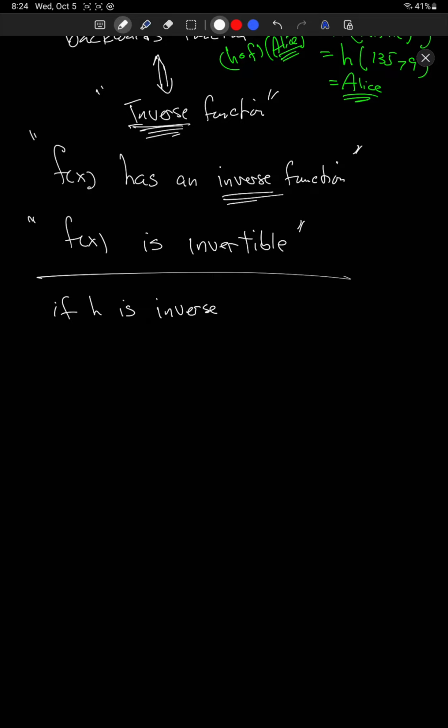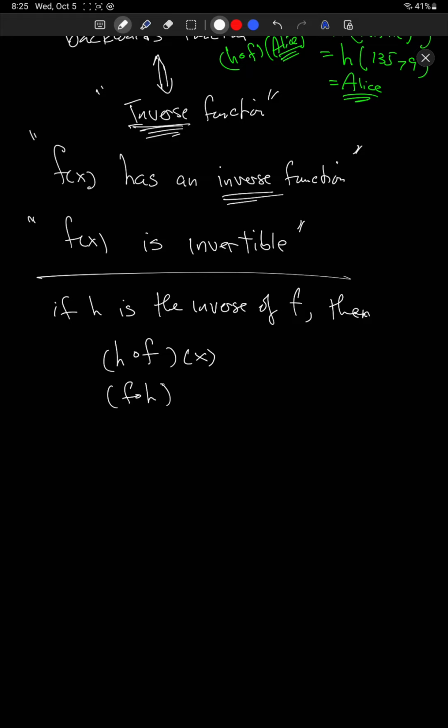If h is the inverse of f, then what we notice is h after f ends up in the same place, and f after h ends up in the same place. So whatever input I put in, I get the same output, right? f after h, whatever input I put in, I get the same output, all right?